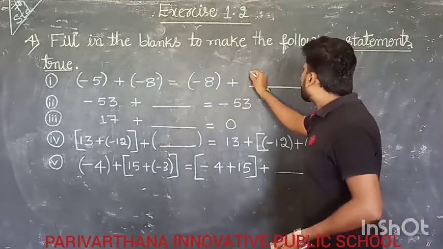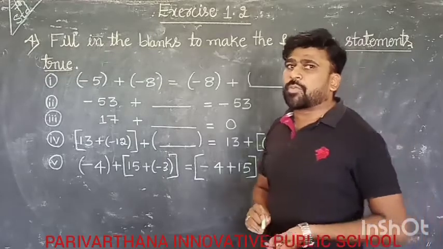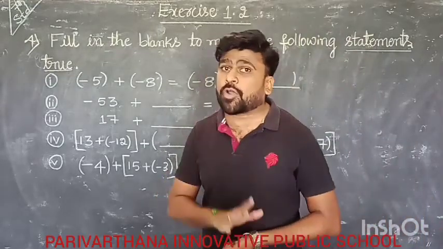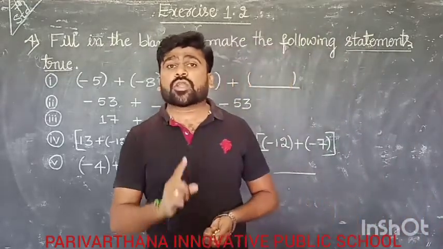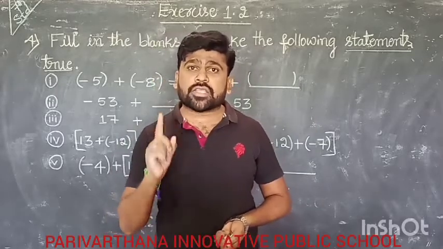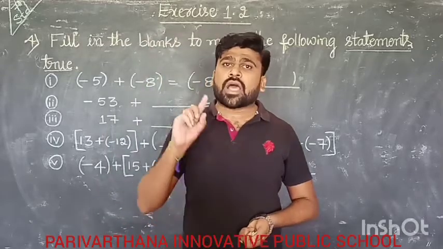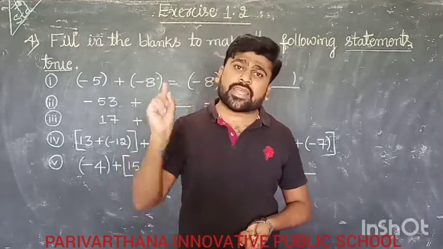Clear? Again, I am recalling the important properties. The first one is closure property. Closure property is nothing but A plus B is equal to C. If you add any two numbers, the answer is also an integer.